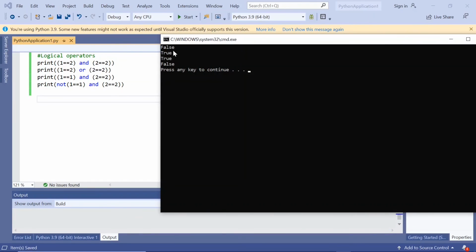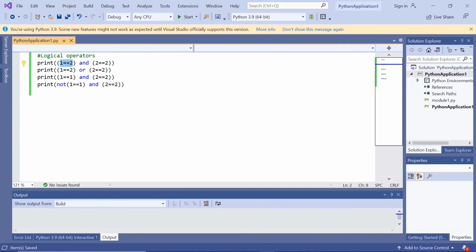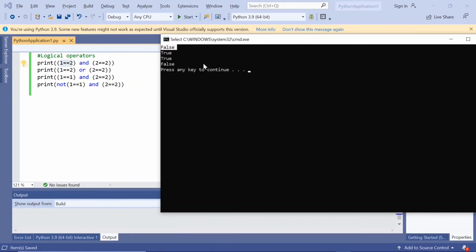The first one is false because 1 is not equal to 2. The second one is true because 1 is equal to 2 or 2 is equal to 2. The third one, 1 is equal to 1 and 2 is equal to 2, is true. The fourth one is 1 is equal to 1 and 2 is equal to 2, but we are negating with not, so it is false.